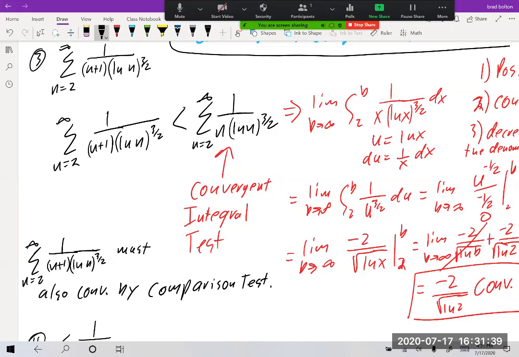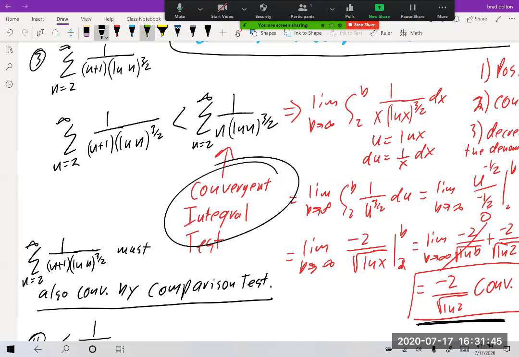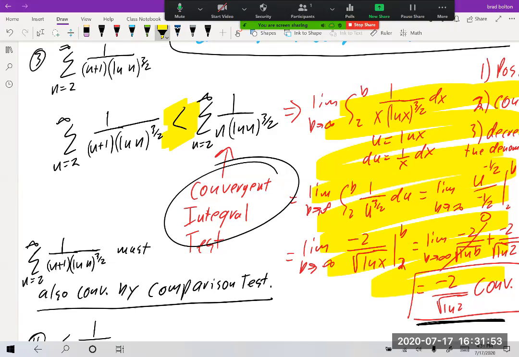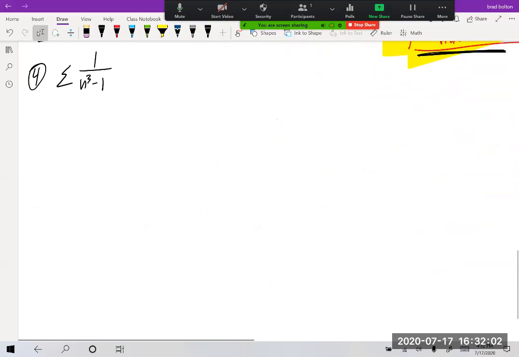Okay. So again, I need to see this, I need to see this, and I need to see this. And then you absolutely must show me which side is bigger than which side. I'm absolutely looking for that. All this is necessary, you guys. That's just show me your work, right? So this problem actually required much more work than some of the other integral tests or some of the other comparisons that I've done so far.